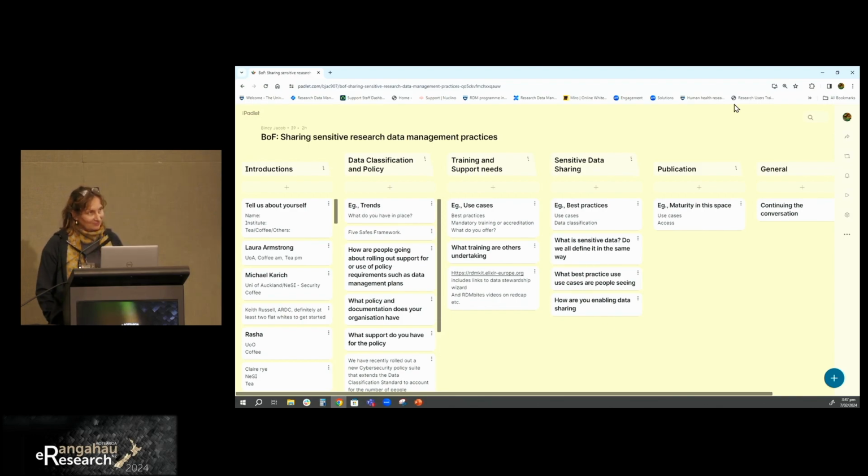But in our definition of sensitive, we talk about reputation to the university and harm to any natural persons. Don't know what an unnatural person is in that context, but that is the way it's worded.